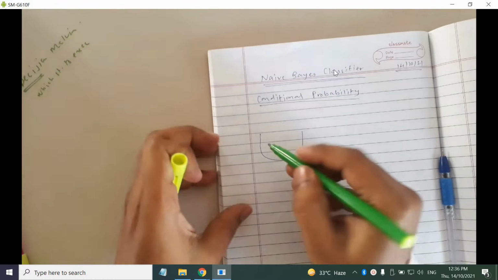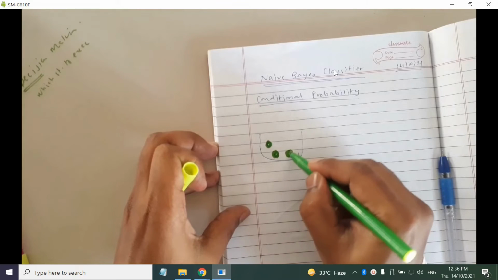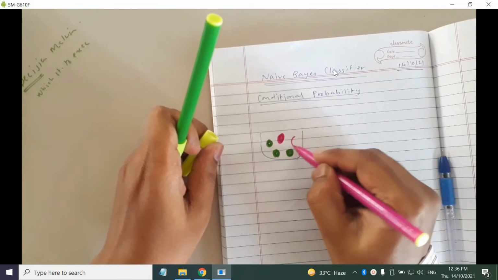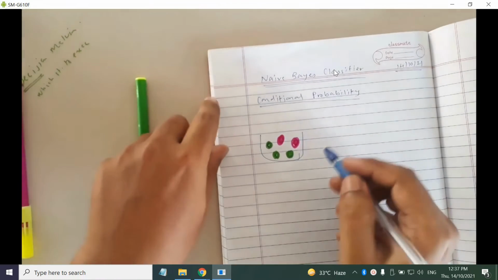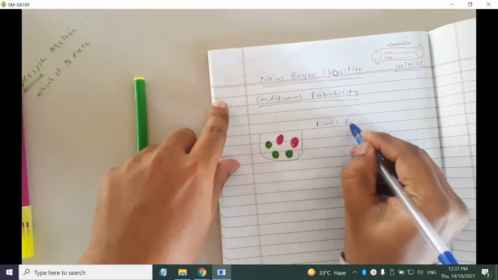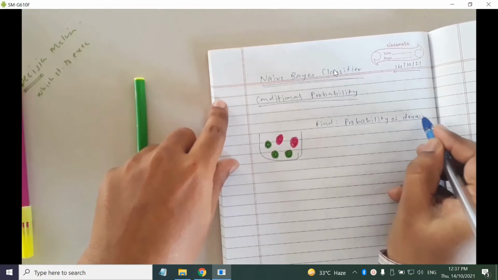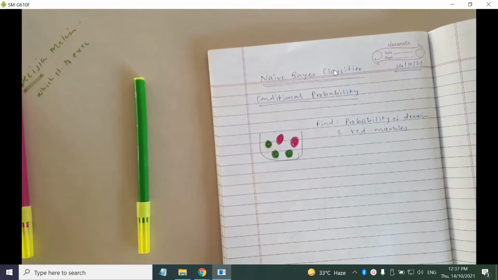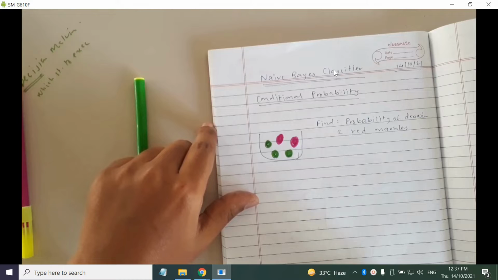Consider I have 3 green marbles and 2 red marbles, and I want to find the probability of drawing 2 red marbles. Can you find this probability?